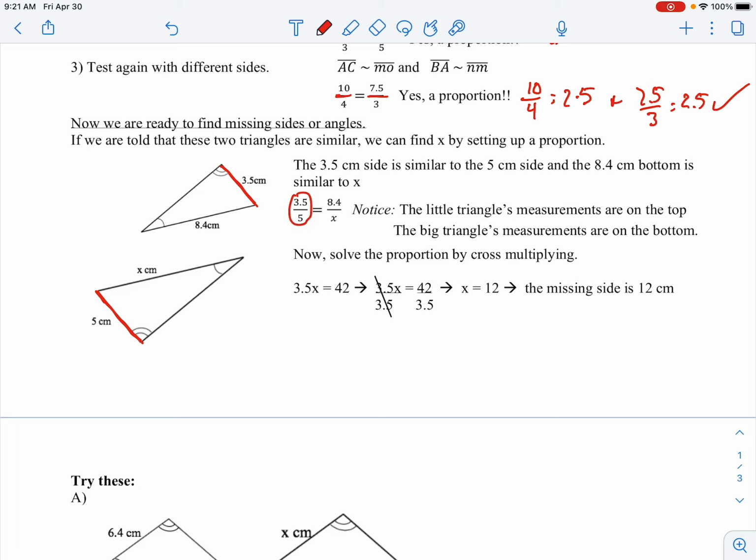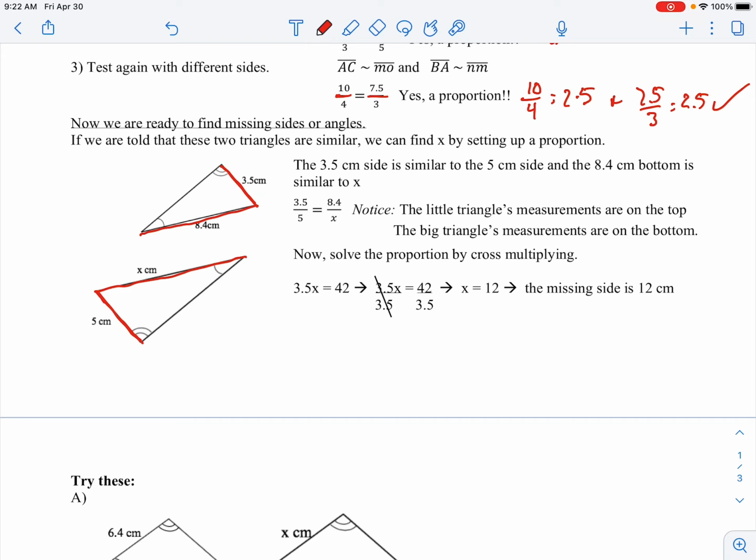So they set up their first ratio here. And then they're also saying that 8.4 right here is similar to this missing x, and they set up their other proportion. Just like setting up any proportion, they have the same things on top.